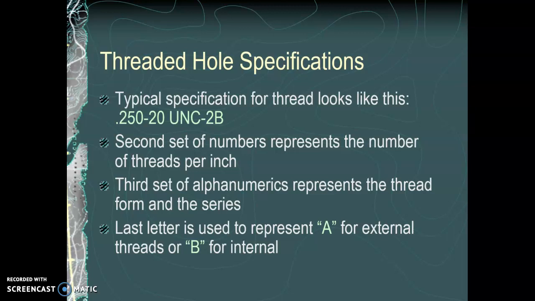And then the last set of characters, here we have 2B, indicates whether the threads are internal or external. External threads would be like the threads on the outside of a bolt, whereas internal threads are inside a hole. And the 2 just before the B indicates the type of fit.